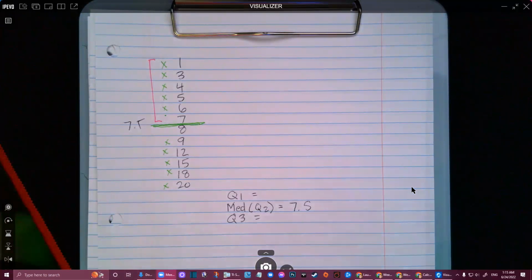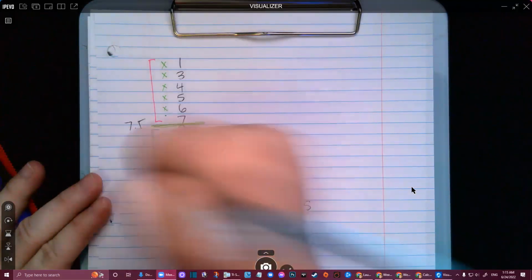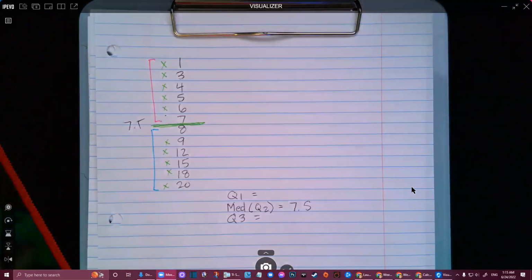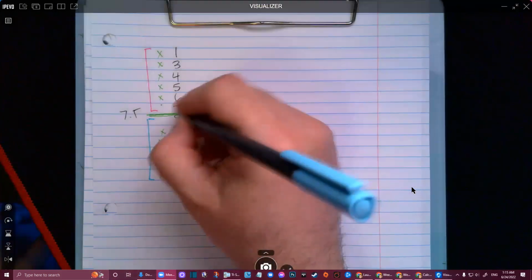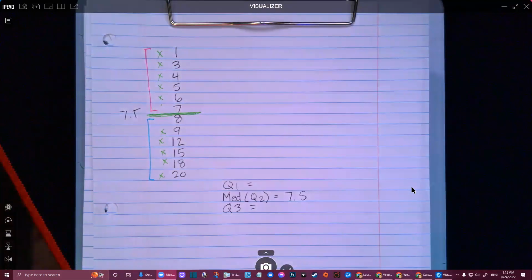To find Q3, I'm going to find the median of the upper half of the data, not including the median I just found. For this data, that's not a problem because the median 7.5 isn't an actual data value in our list. If there was an actual data value here in the middle, I would not use it as part of the process that I'm about to do.